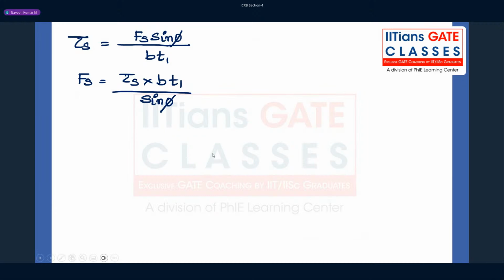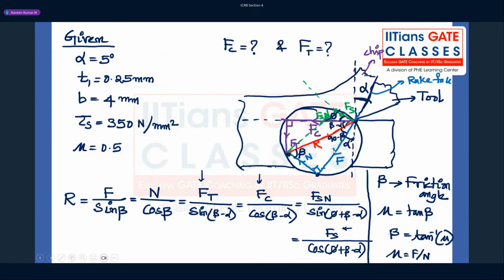Okay, so to find that phi, we have a formula. You can use the Merchant circle analysis, right? We can use another formula, tan phi is equal to r cos alpha by 1 minus r sin alpha, right? But we have to have r, and r is not given here, right?